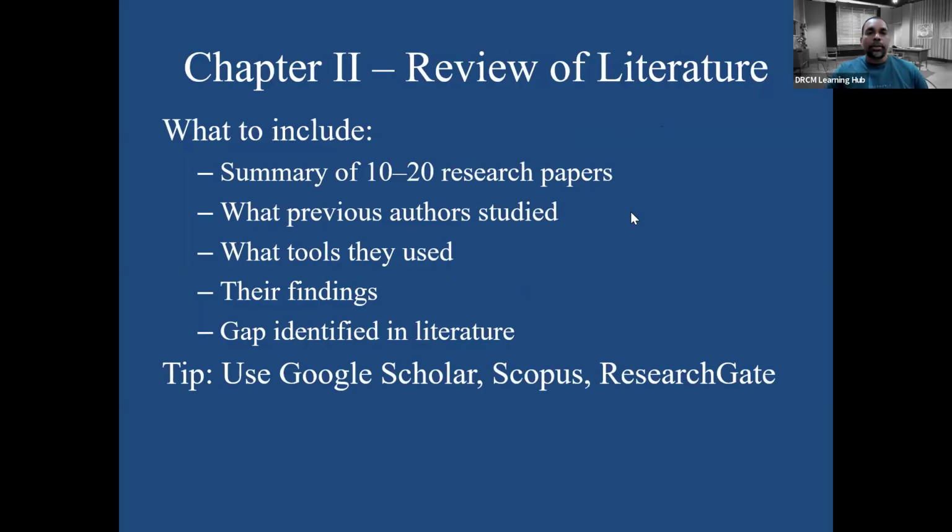Okay, good. Now, for review of literature, we already said what to include here. You need a summary of 10 to 20 research papers. We recommended a summary of 20 research papers. A summary means the paper's abstract itself is going to give you the summary. Already we said the abstract contains the entire thing about that paper.